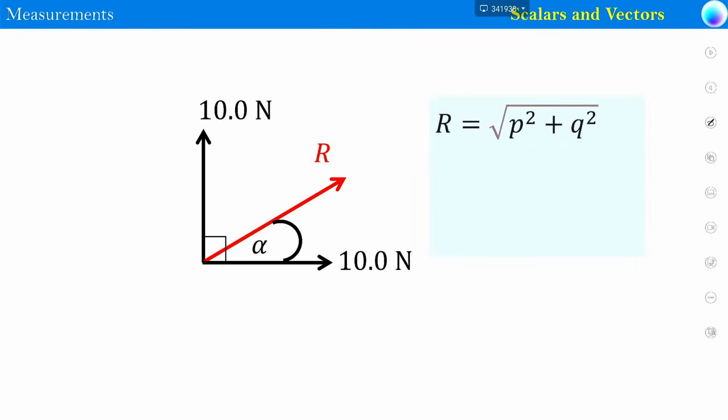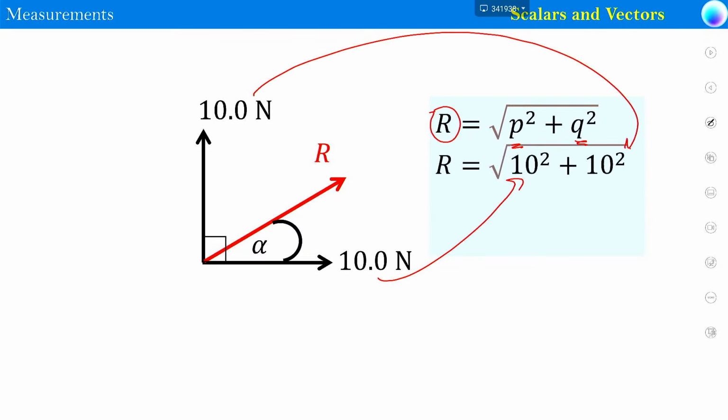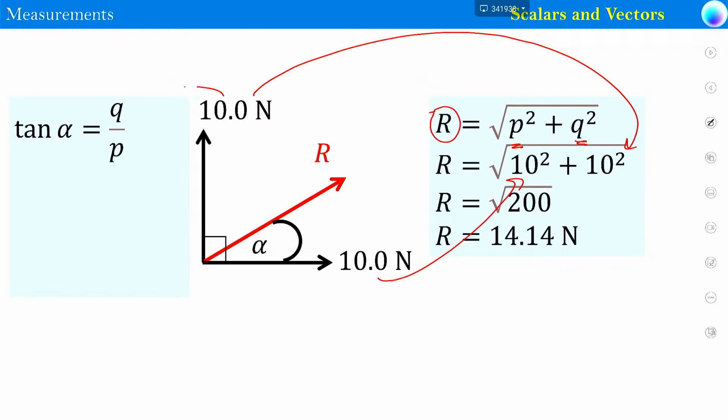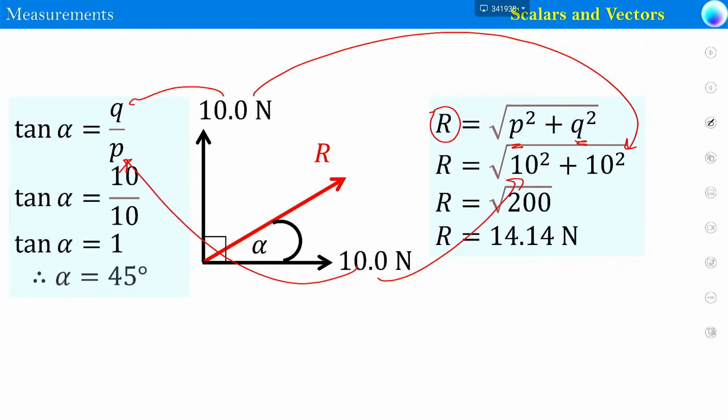What is it? R equals the square root of p squared plus q squared. We put 10 and 10 there and get the answer. Similarly, we can find tan alpha, since you know q and p together.